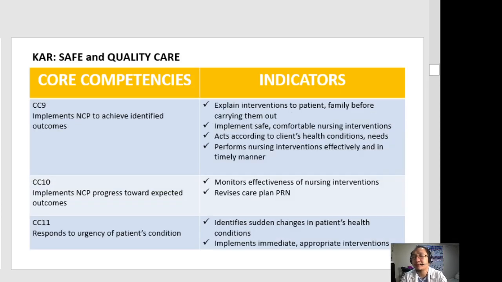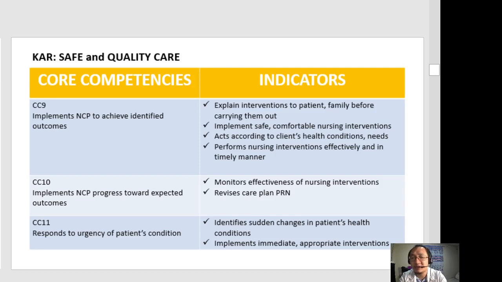And number 9, implements NCP to achieve identified outcomes. And number 10, if I may just fuse the two, implements NCP and monitors progress toward expected outcomes. For number 9, we are referring to the nursing actions, the interventions.